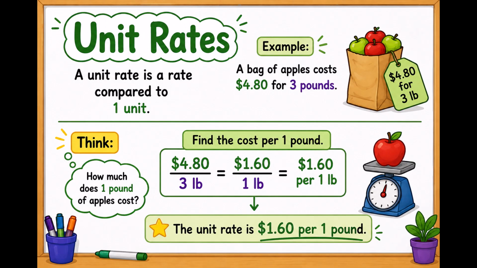So let's remember, a unit rate compares something to one unit. To find a unit rate, divide the total amount by the number of units. $4.80 divided into 3 gave us $1.60. Therefore, the unit rate is $1.60 per pound of apples. The word per means for each. Excellent job.